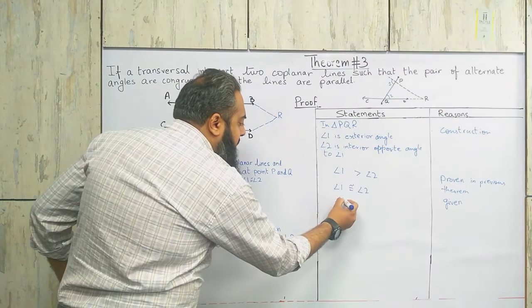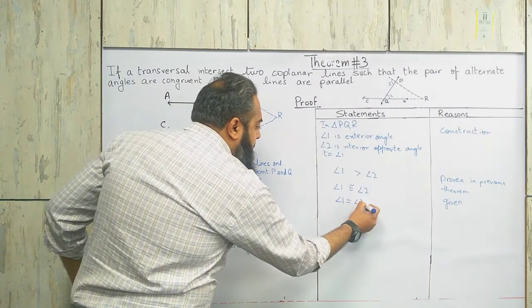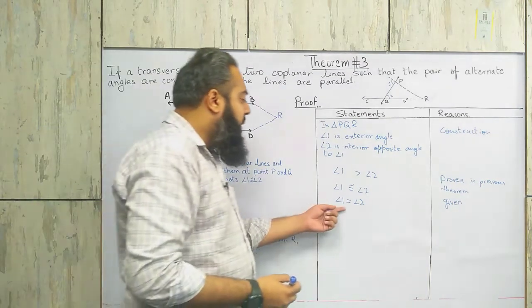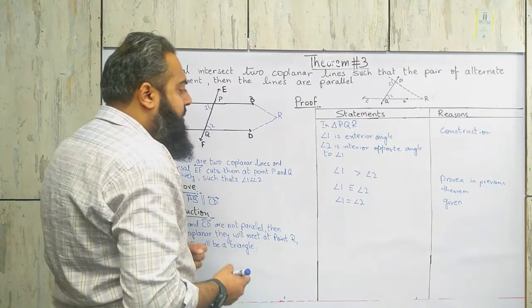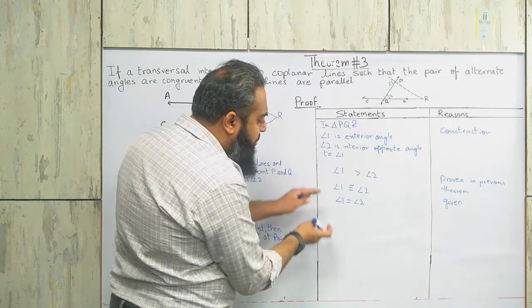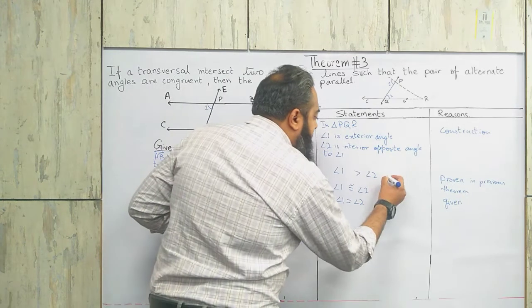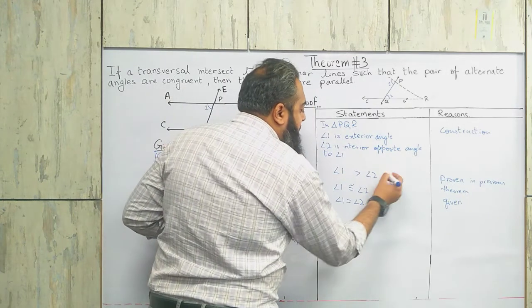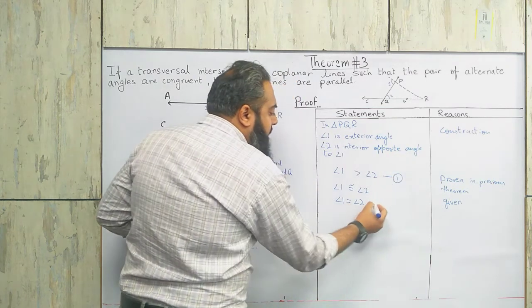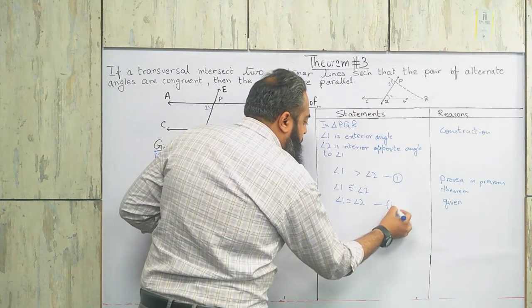Therefore, angle 1 and angle 2 will be equal to each other. Now, before we move on, we say that this is statement 1 and this statement is statement 2.